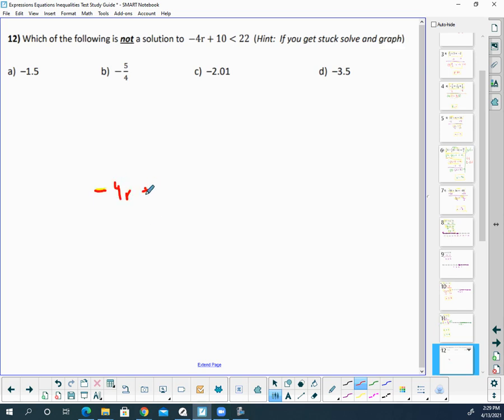Negative 4r plus 10 is less than 22. I'm going to subtract 10 from both sides. I get negative 4r is less than 12.